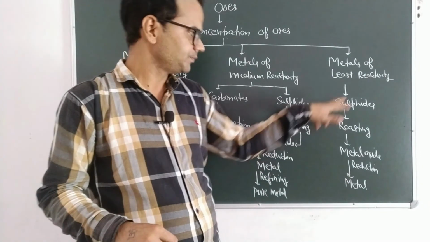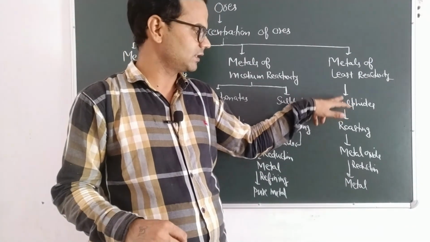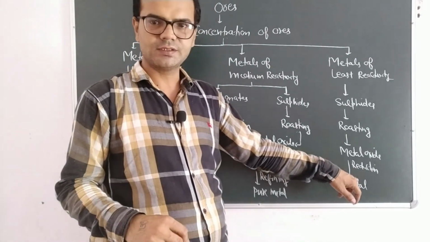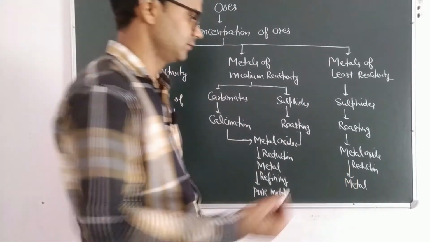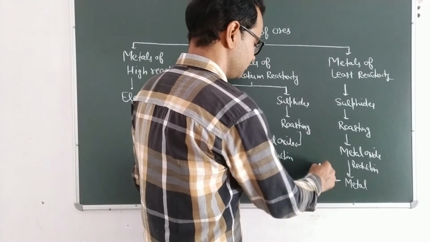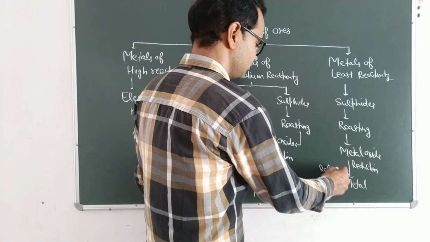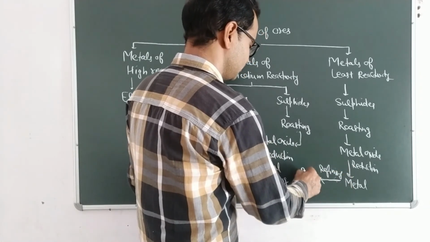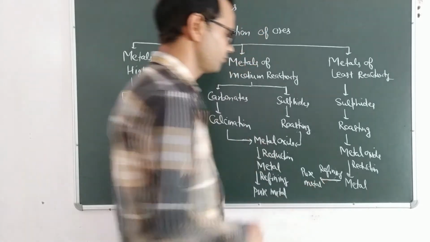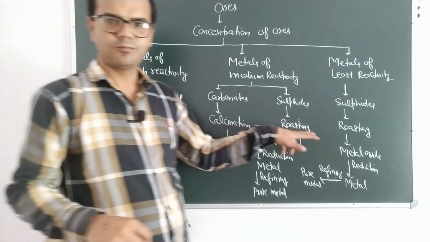In some cases, sulfide ores are directly converted into metals. And the last step is purification, refining. After refining, we will get a pure metal.